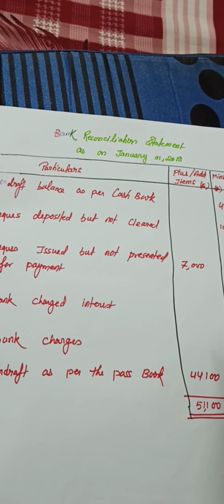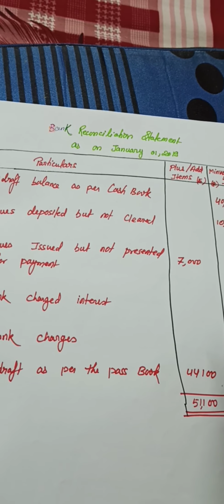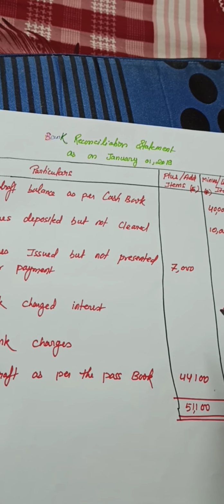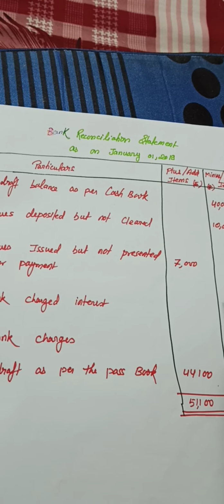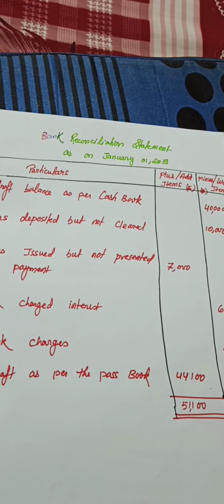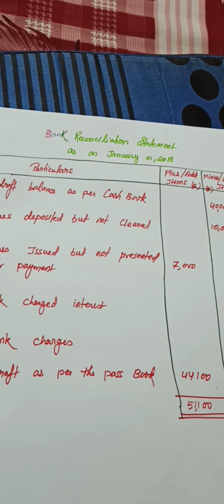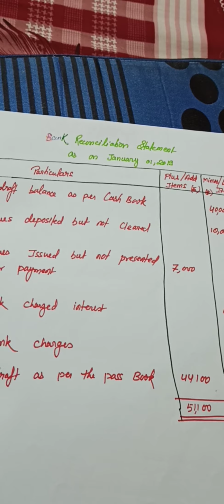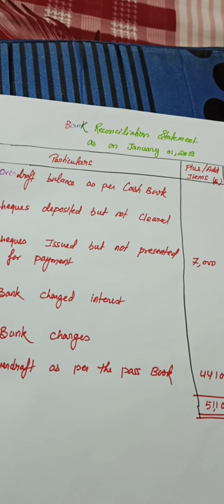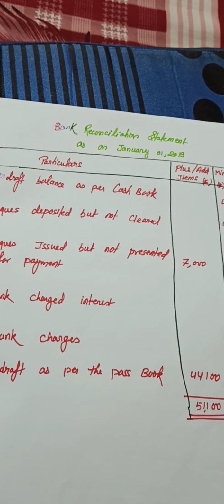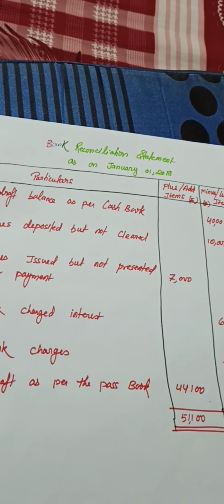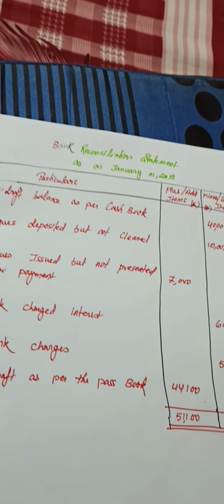Obviously when the bank is charging interest for its various services, it's deducted from your account. So your account is in a minus, less situation, so 600 is less, sorry, 500 is less, and bank interest is also less. Bank charges and interest both have the same feature.